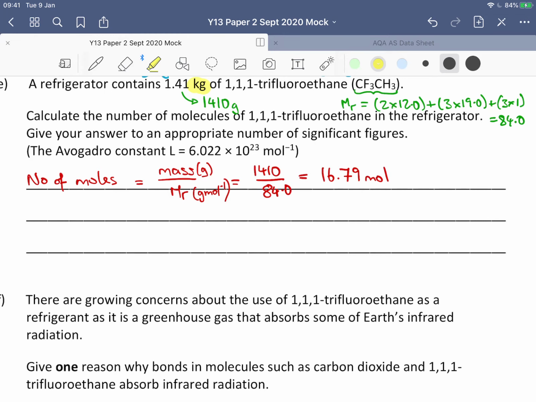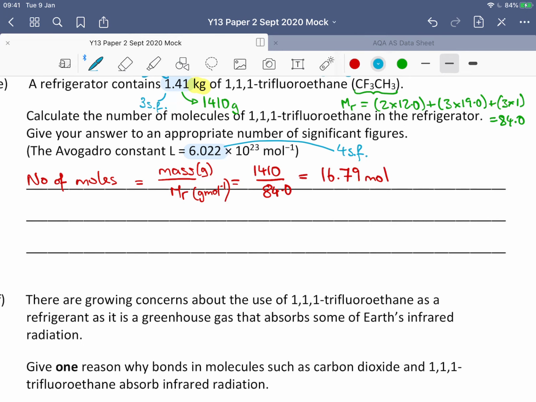Let's just look at, we've got that, which is 3 significant figures, and we have got that, which is 4 significant figures. So that's the data that we're putting in.